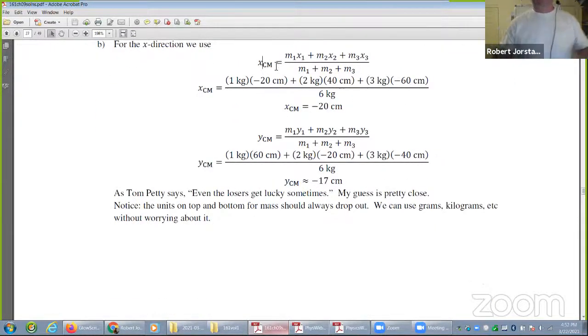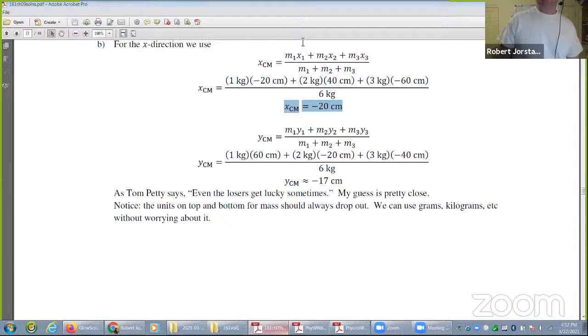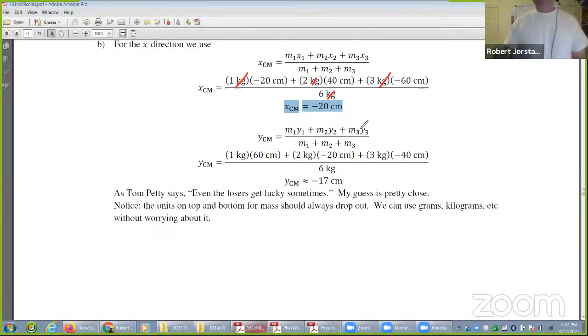Okay, so here's how the numbers turn out. There's the first line of the equation. Here's that with all the numbers plugged in. Notice we're being lazy with sig figs. And there, when you plug all that stuff in, notice what happened to the kilograms. Kilograms on the top cancel kilograms on the bottom. So notice x center of mass position is -20 centimeters.